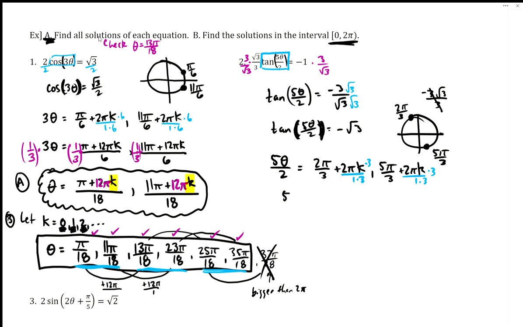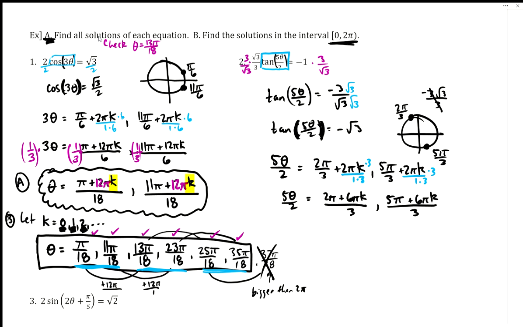So we would have 5 theta over 2 is equal to 2 pi plus 6 pi k over 3, comma, 5 pi plus 6 pi k over 3.